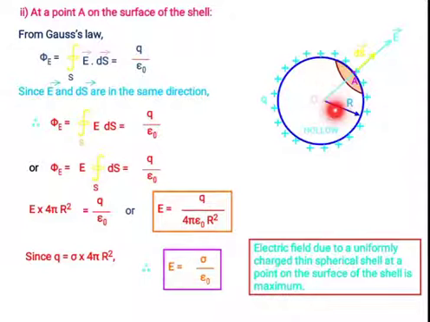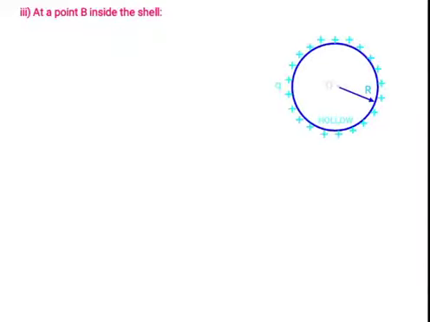If Q is 0, then the electric field is also 0. At a point B inside the shell, this is a Gaussian surface, an imaginary surface. This distance OB, from O to B, is R.